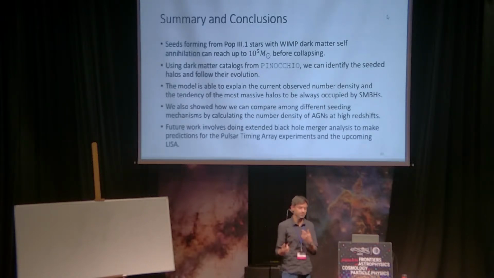This could actually be reversed: we can also have different masses of the particle, and then we can constrain the mass and the cross section with this.